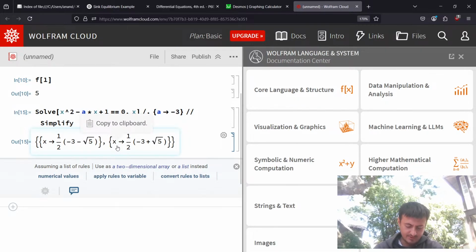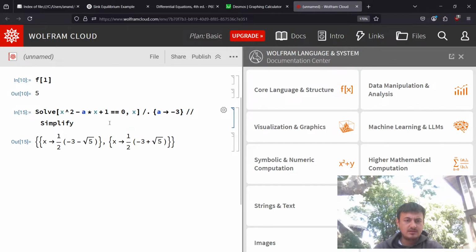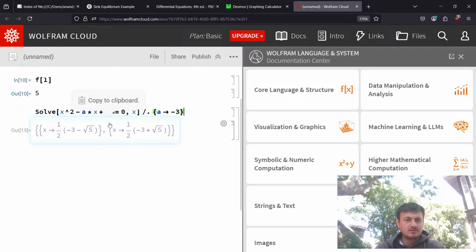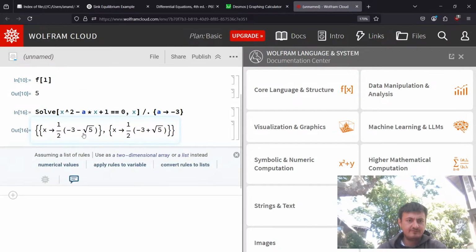Okay, wait, but what we want to do is then use that as the input. That didn't do anything. So what we want to do is, so we have these solutions.